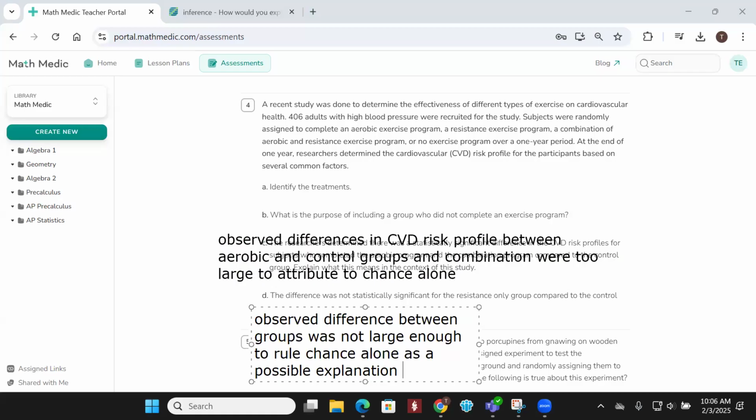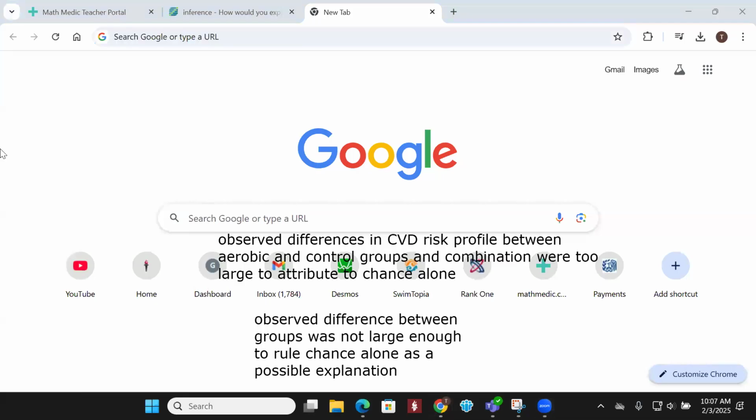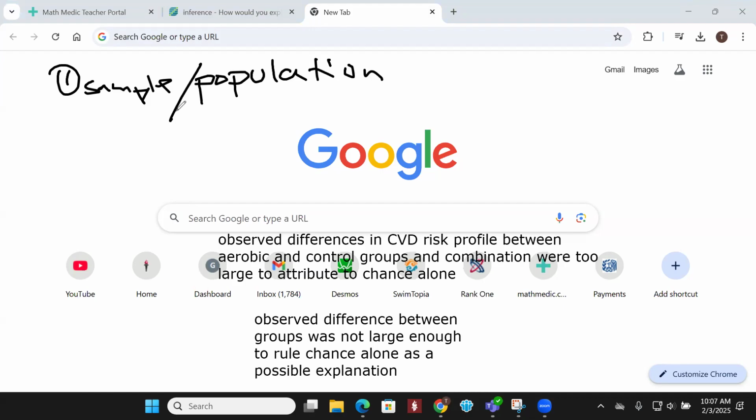All right. You need to be able to tell me the sample and the population based on a scenario. You need to be able to tell me which is the best sample method. So you need to know all the different sampling methods. Talk to me about bias.